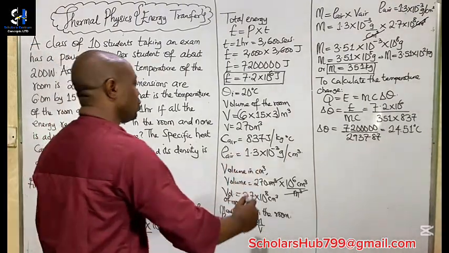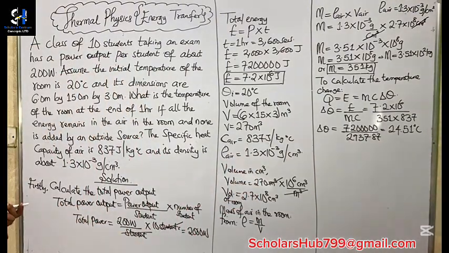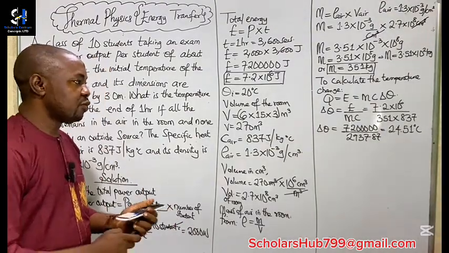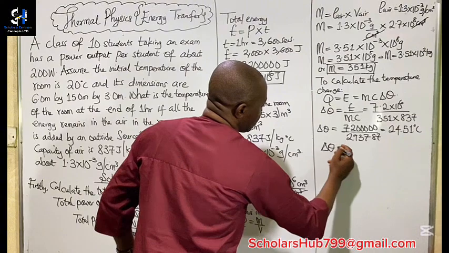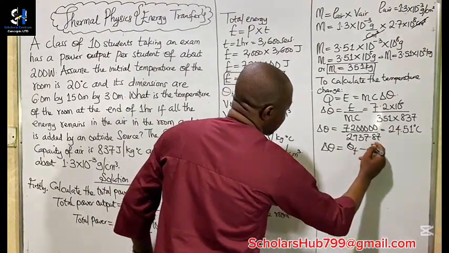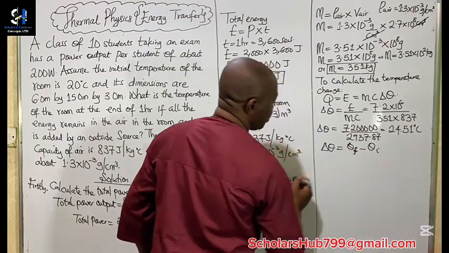With this, we should be able to calculate the temperature of the room at the end of 1 hour. Now, we know that change in temperature is final temperature minus initial temperature.